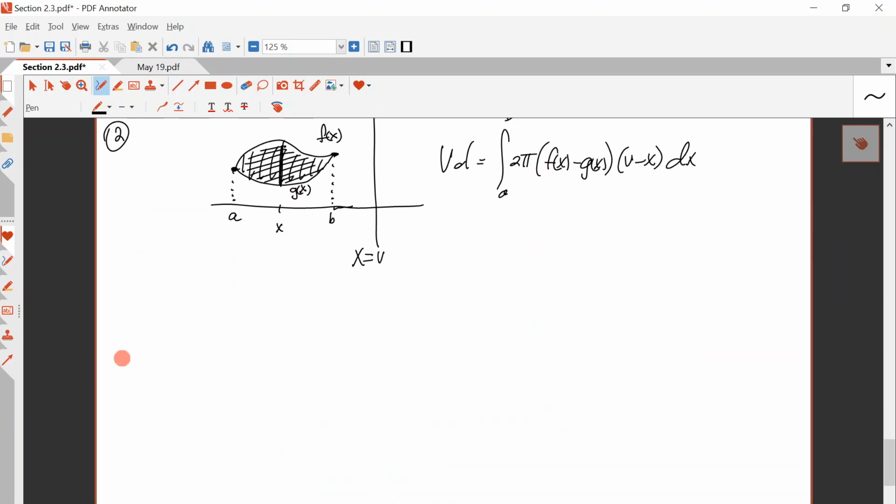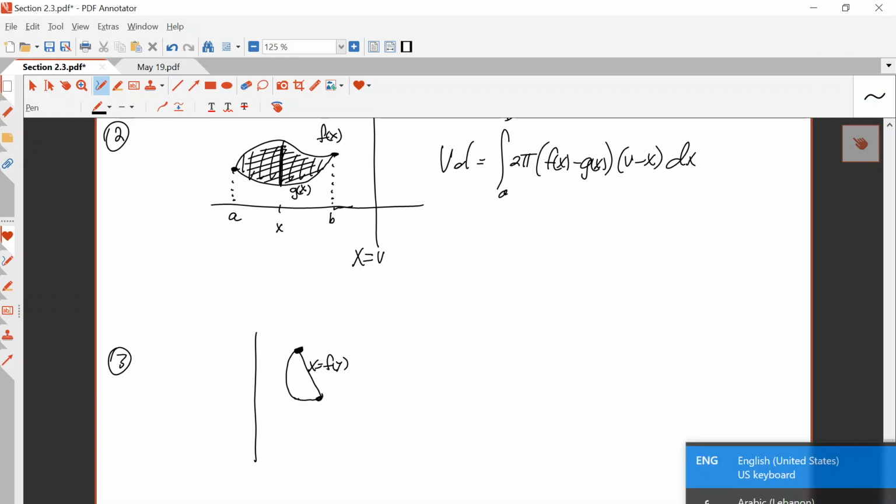And then you can also do these things around horizontal axes if you've got this kind of thing. So here we have x equals f of y, x equals g of y.